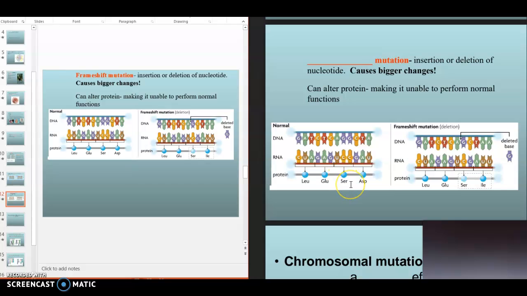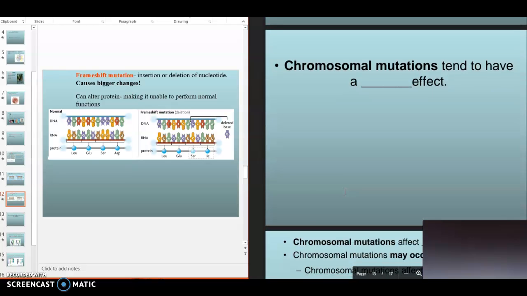You guys got to remember on the third base, sometimes you wanted to code for like CAG, but it changed to CAC, and you wonder why it's still coding for serine. The reason why is on that third base, a lot of times it will either be like A and T, I'm sorry, A and U and C and G, and they all code for that one amino acid. So that third base is where we get your wobble from, never the first or second base.